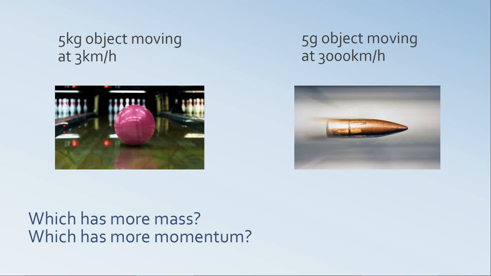If we multiply that times 3 kilometers per hour, we get a momentum of 15,000. And over here with our bullet, it weighs 5 grams, but it's moving at 3,000 kilometers per hour. If we multiply that mass times that velocity, we get 15,000. So we can see that their momentum is identical, even though their mass is very different and their velocity is very different.